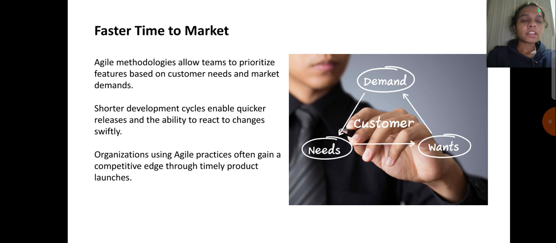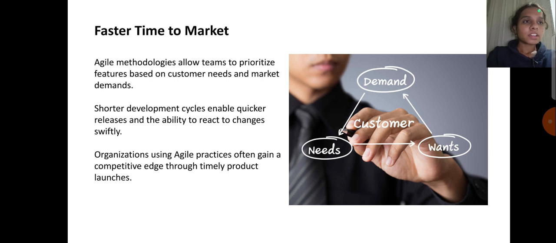Shorter development cycles enable quicker releases and the ability to react to change swiftly. And organizations using agile practices often gain a competitive edge through timely product launches. This is how to speed up the time to market in agile practices.